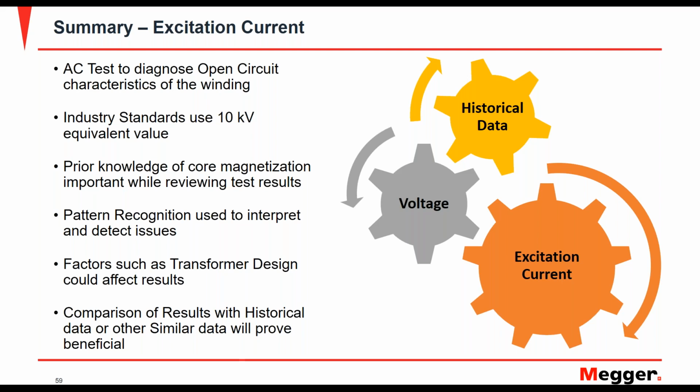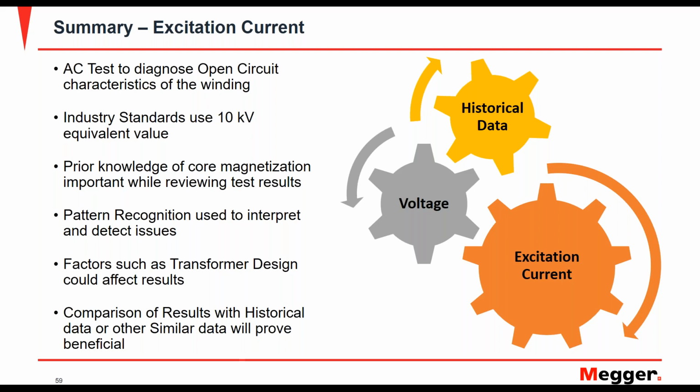So you energize windings at 10 kV and you report the excitation current. Now, if you do not have the 10 kV value because the transformer is not rated for it or the 10 kV is not achievable, an equivalent value is available. However, it needs to be noted that linear approximation is used. So when you're comparing test results, you need to be cognizant of that fact.